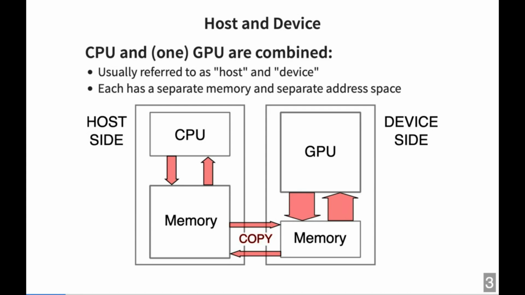So if one writes a program for a CPU, one can access memory through variable references, and you can perform operations on memory in the usual way.